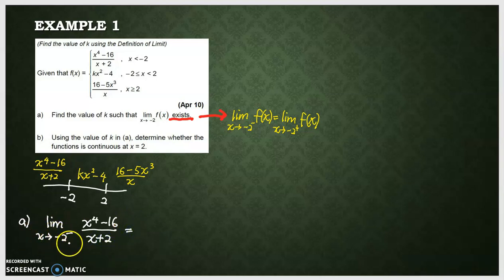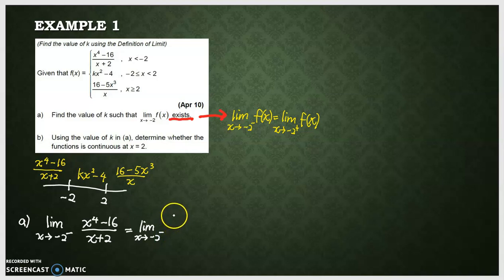If you try to substitute -2 into this function, we will get 0 over 0. In the denominator, -2 plus 2 is 0. So what we have to do is we try to factorize and simplify.